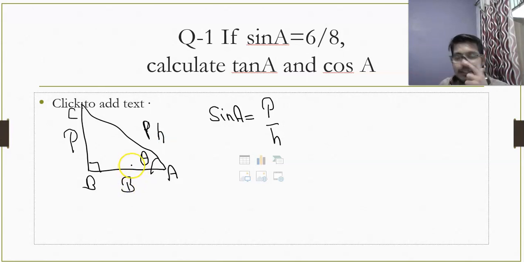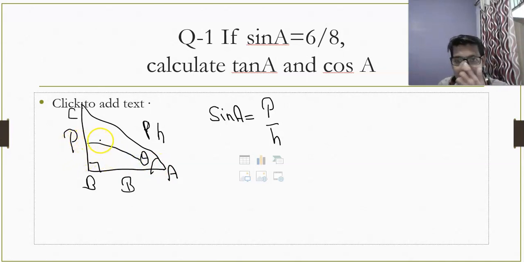One of the most important things to keep in mind while solving this type of question is how to check which side is the perpendicular and which side is the base for the angle we are talking about. The side which is opposite to that angle is the perpendicular.